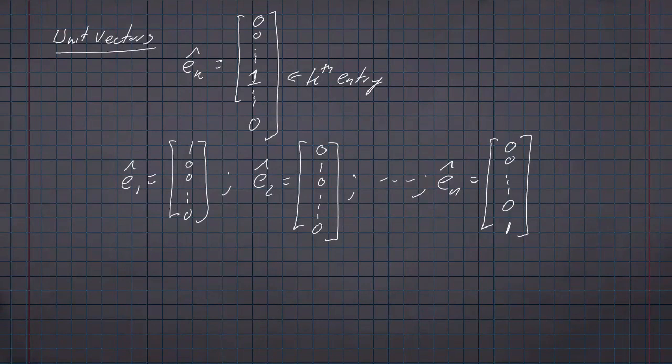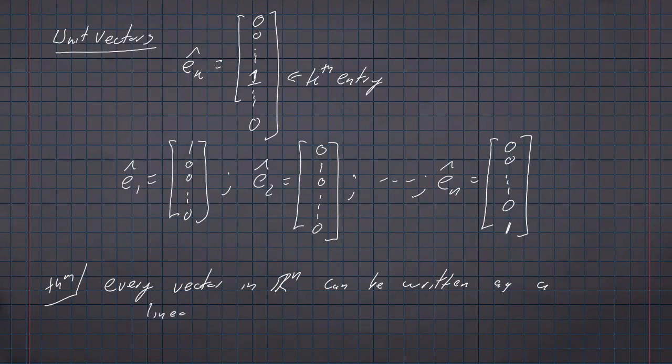The reason that unit vectors are so useful is that every vector in Rn can be written as a linear combination of e1, e2 through to en.